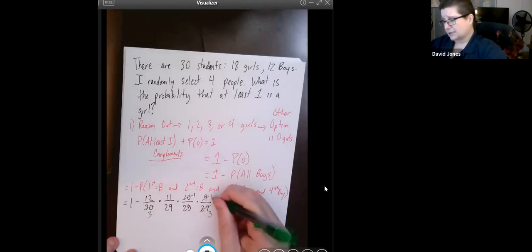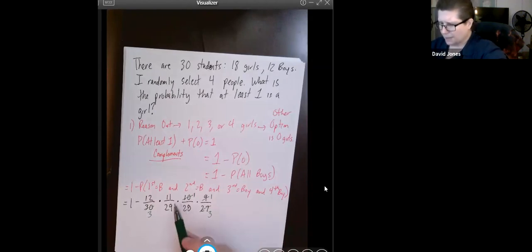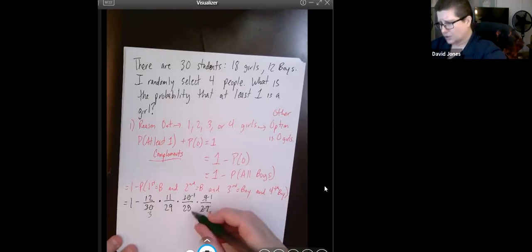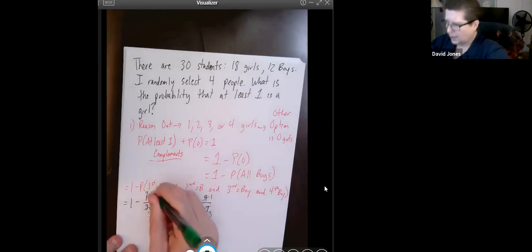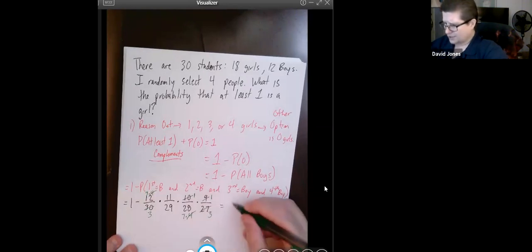I can cancel out the 9, leave a 3 on bottom. 11's a prime number. It's not going to do anything. 12 is 3 times 4. And 28 is 7 times 4. I can cross off 4s there. And I'm left, let me just clean it up, see if anything else cleans out.